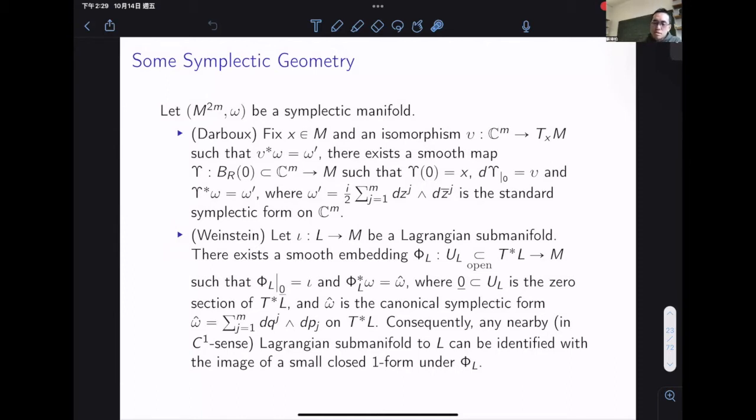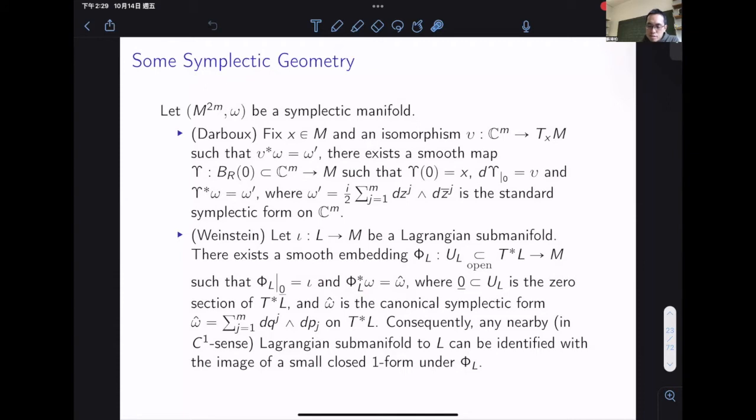Now we take a Lagrangian submanifold L. Then the Weinstein theorem says that there exists a smooth embedding from an open neighborhood of the zero section in the cotangent bundle of L to M, such that if we restrict this map to the zero section, we get the immersion of L, and the symplectic form is preserved.